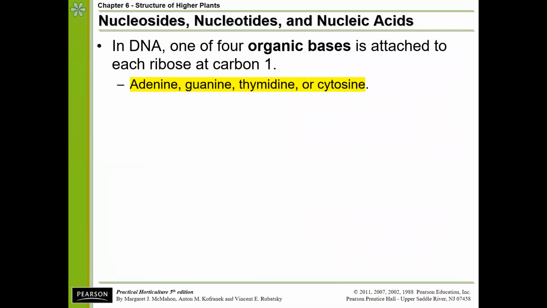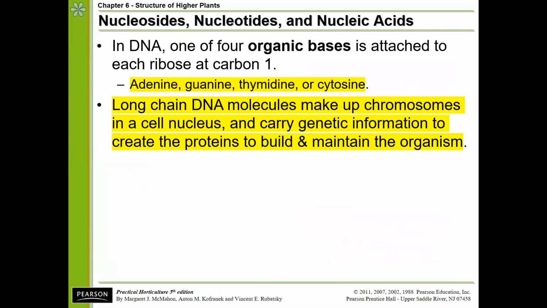In DNA, we've got these organic bases that are A, G, T, and C: adenine, guanine, thymidine, and cytosine, which are a little bit different in RNA. These make up these long chains of DNA molecules through the base pairs that make up chromosomes and carry the genetic information in order to create proteins, which drives life that builds and maintains the organisms.